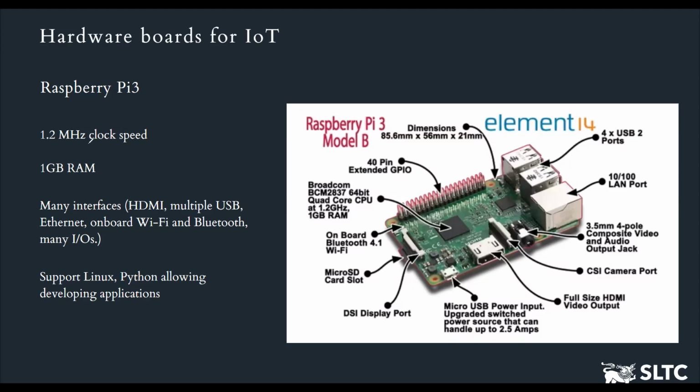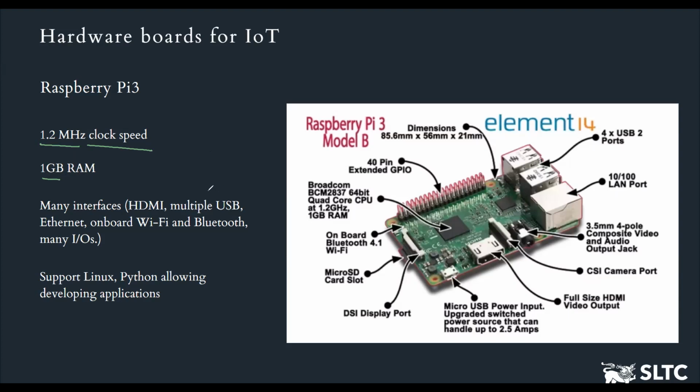When we talk about the clock speed of the Raspberry Pi, we have higher clock speeds like 1.2 megahertz, and therefore we can do multiple computations. One of the main advantages is having 1 GB RAM, which allows us to store 1 GB of data in the RAM and upload large amounts of data at a certain time instance.